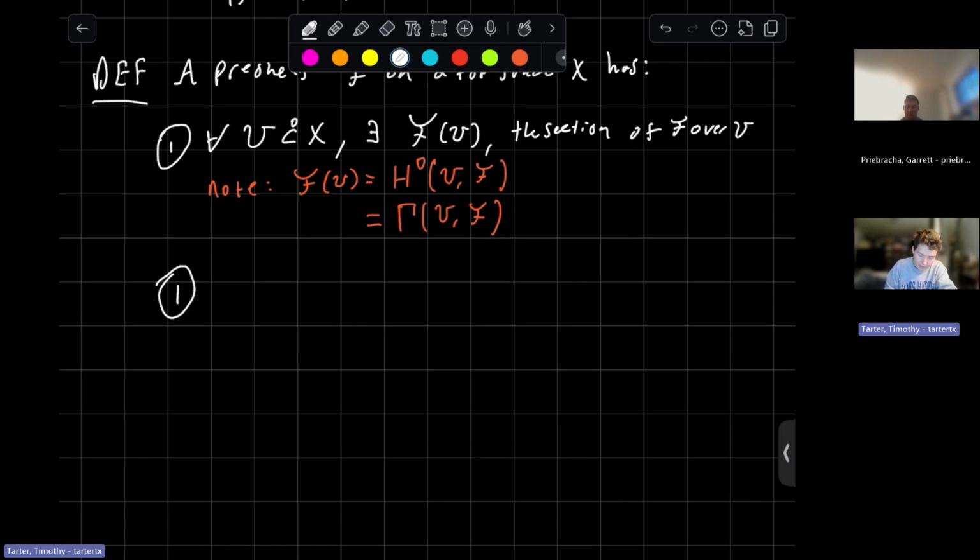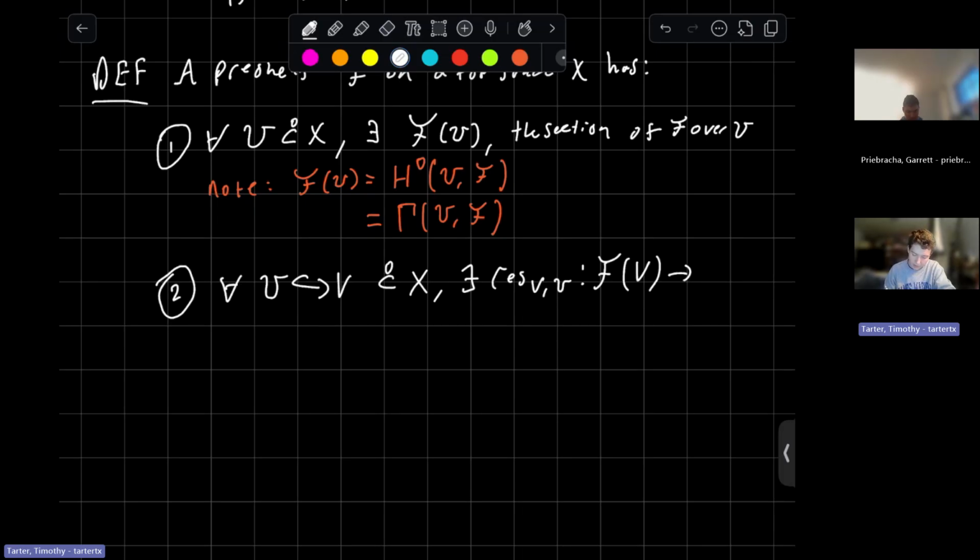In addition to this piece, for every inclusion U into V, which are both open in X, there exists a restriction map res_VU defined from the sections on V to the sections on U. And this is literally just like an embedding.